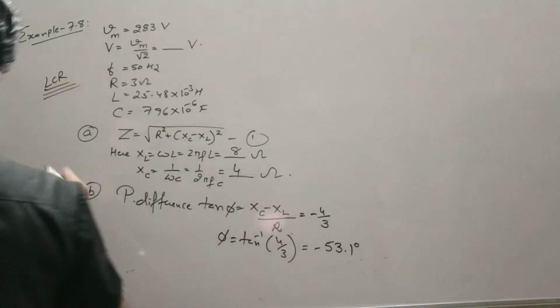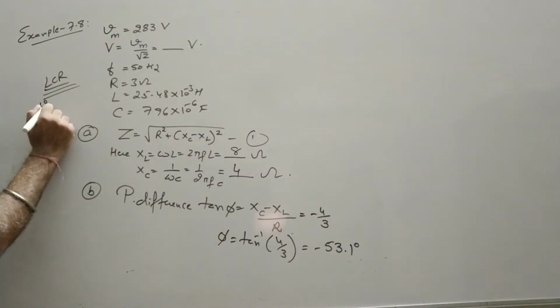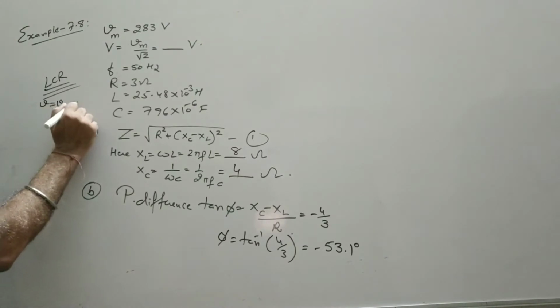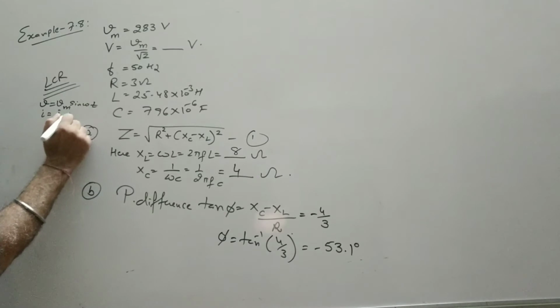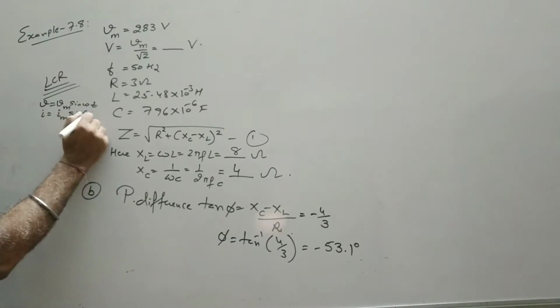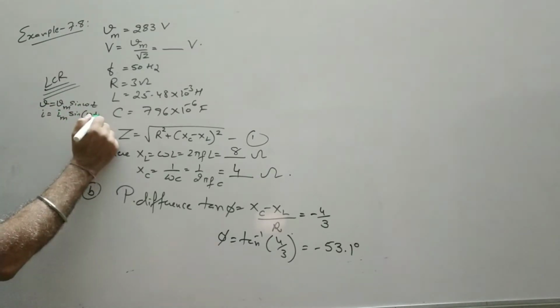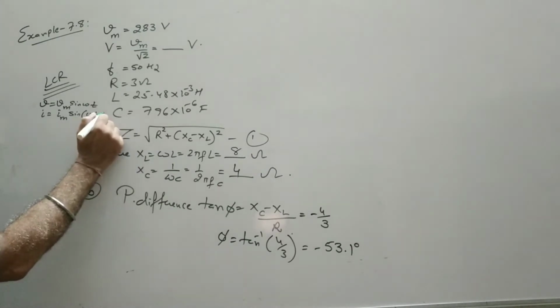In the LCR circuit, V was equal to Vm sine omega t and I was equal to Im sine of omega t. Here the phi is negative, so it becomes minus 53.1 degree.